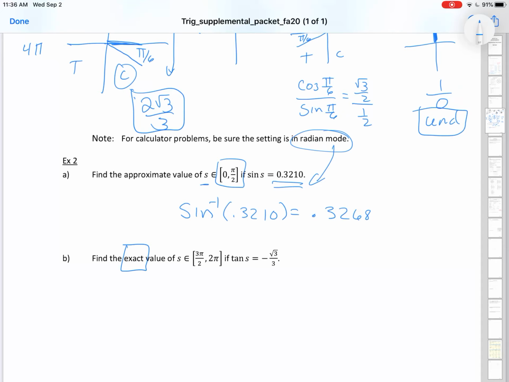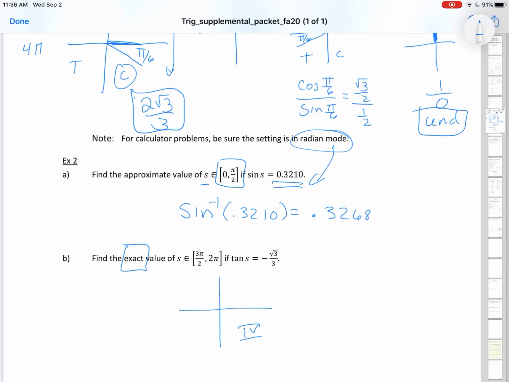Find the exact value of that. So what do we want to do? First thing we want to know is that we are in the fourth quadrant. If you name any other angle other than a fourth quadrant angle and represent it between 3 pi over 2 and 2 pi, you will miss the problem. The next question is, who's the reference angle that gives you a tangent of negative root 3 over 3?